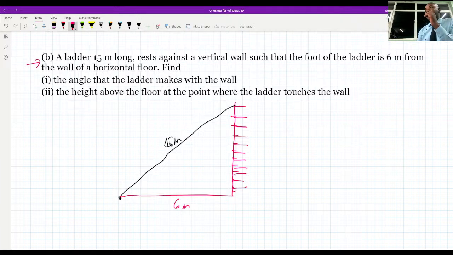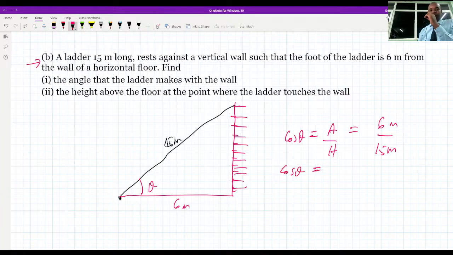Find the angle that the ladder makes with the wall. We are talking of this angle here, theta. We are going to use cosine. Cosine theta equals adjacent side over hypotenuse side. So adjacent side is 6 meters over 15 meters.